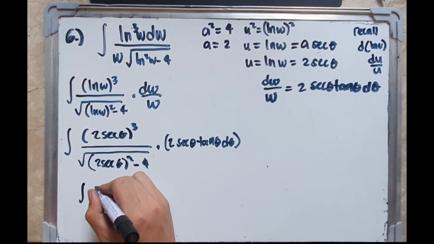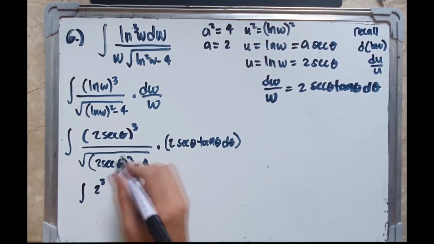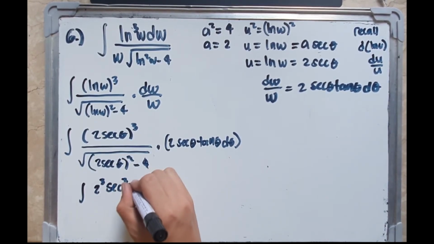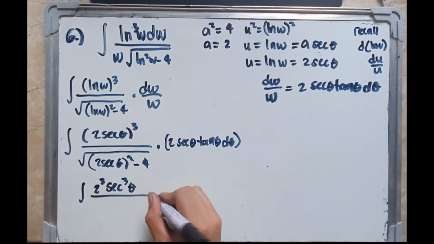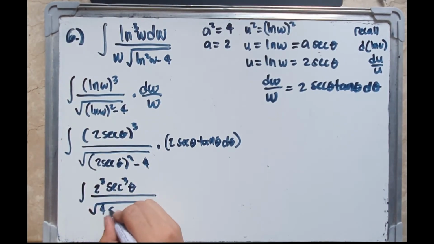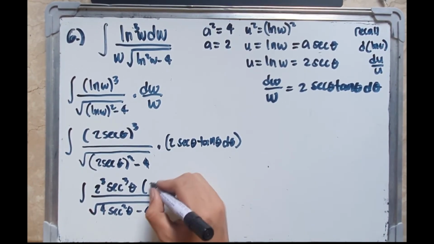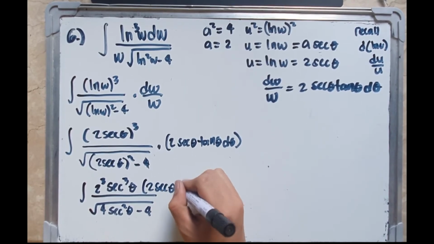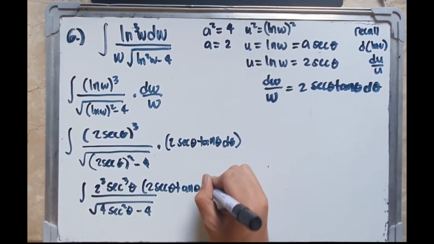Cubing, we have 2 cubed secant cubed theta all over, squaring, 4 secant squared theta minus 4, multiplied with 2 secant theta tangent theta d theta.